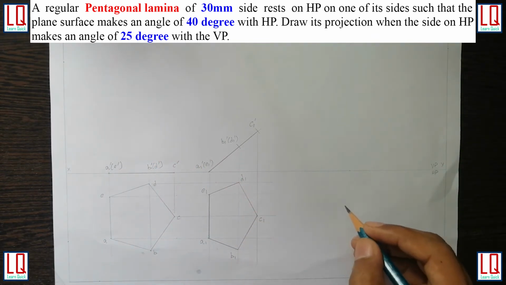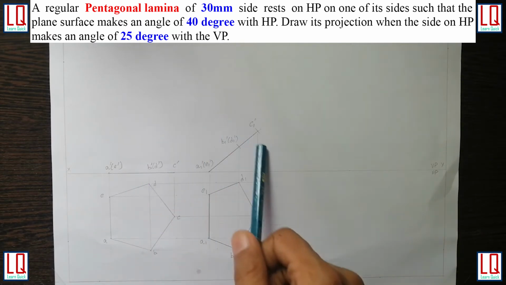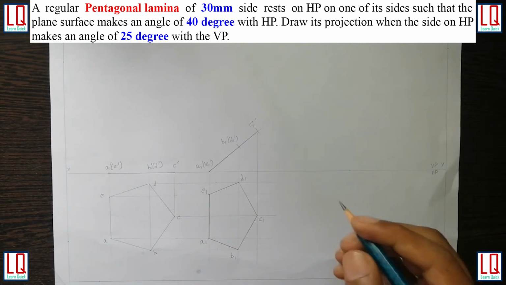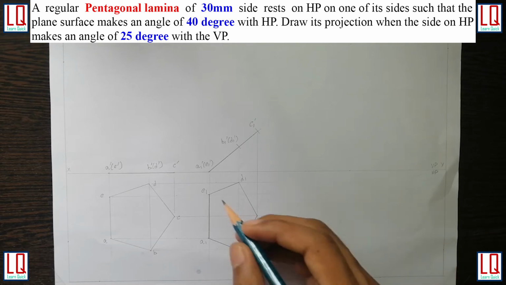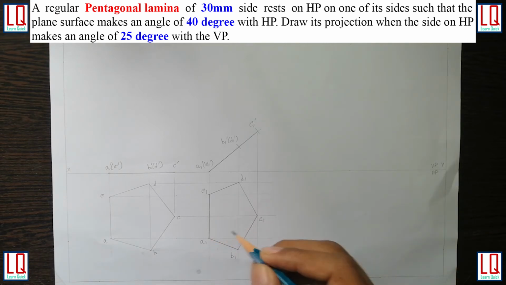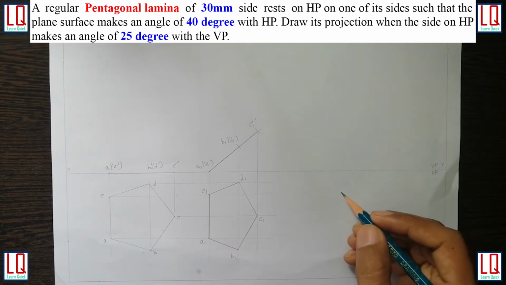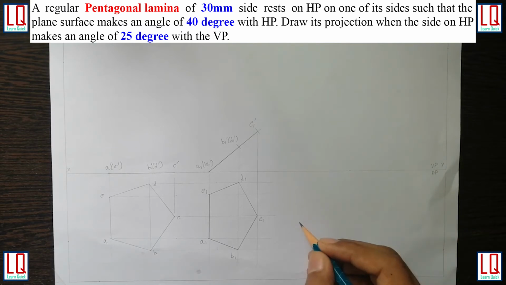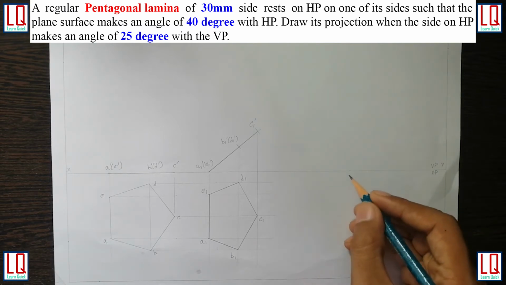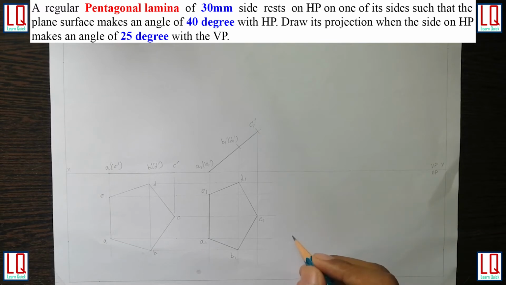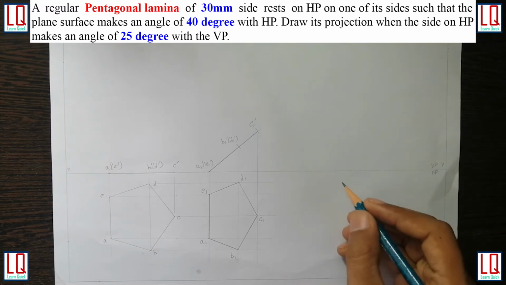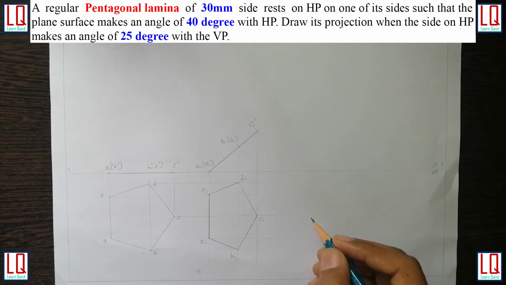So we will be doing step 5 here since the procedure goes in a zigzag manner. Since it is given in the question that the resting edge AE is inclined at 25 degrees to VP, we are going to make a line here at 25 degrees. We do this inclination in HP, because the inclination with VP will be visible in my HP.